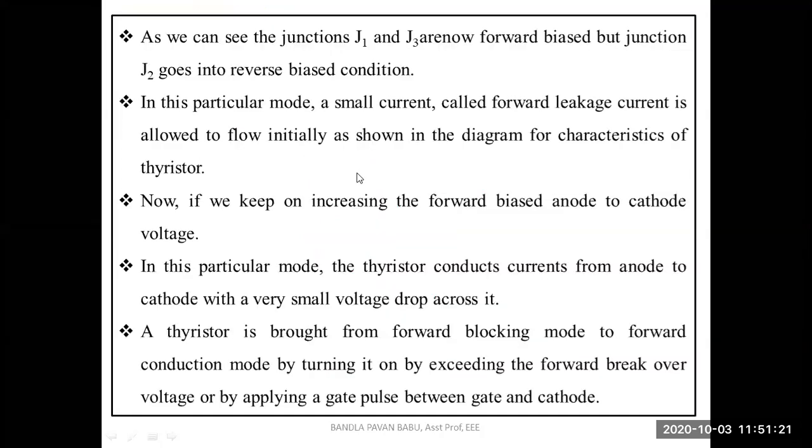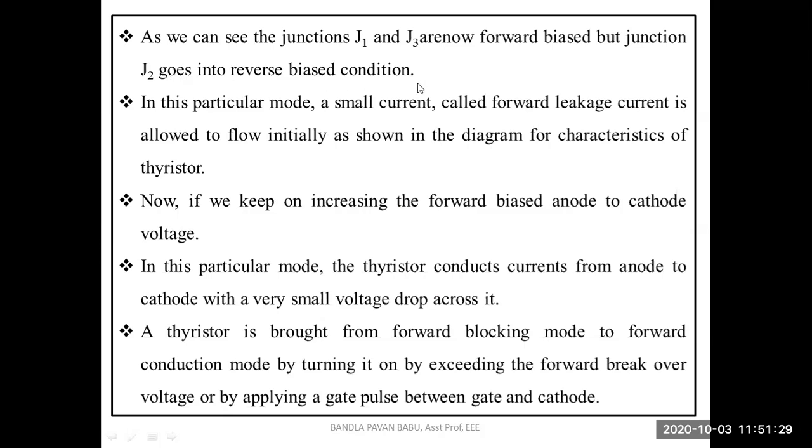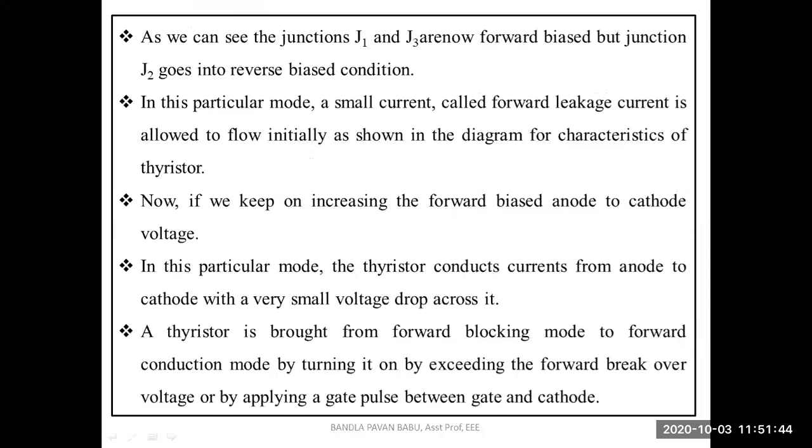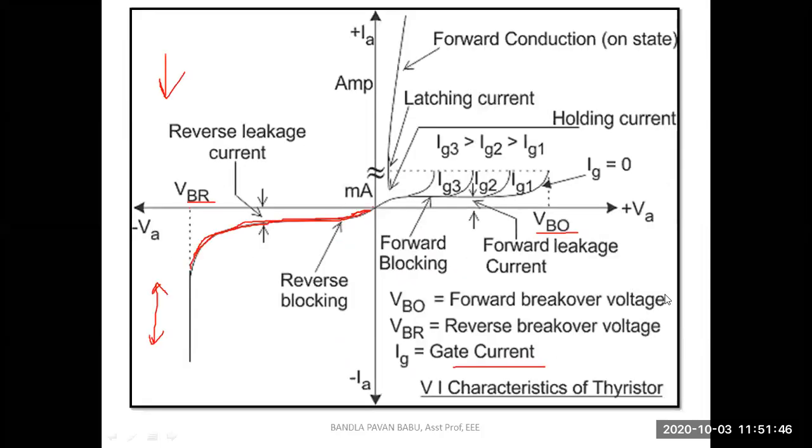Let's see one way. As we can see, the junctions J1 and J3 are now forward biased, but junction J2 goes into reverse bias condition. In this particular mode, a small current called forward leakage current is allowed to flow initially, as shown in the diagram of the thyristor.